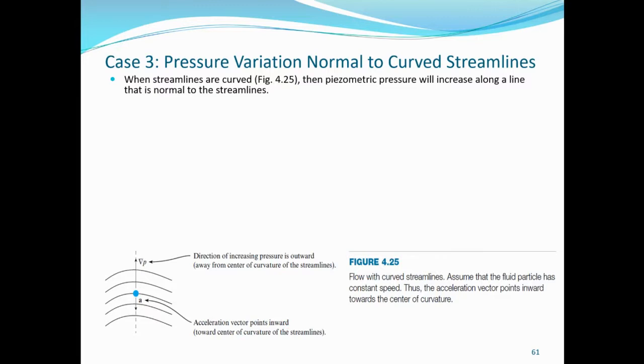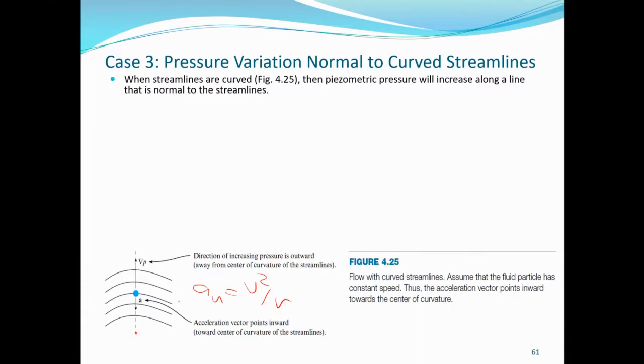The acceleration vector points inwards towards the center of curvature. So the normal acceleration here is not zero because r is not infinity in this case. And normal acceleration is always positive and directed toward the center of curvature of the streamline, unlike the tangential acceleration, which can be positive and negative depending on whether you have acceleration or deceleration.